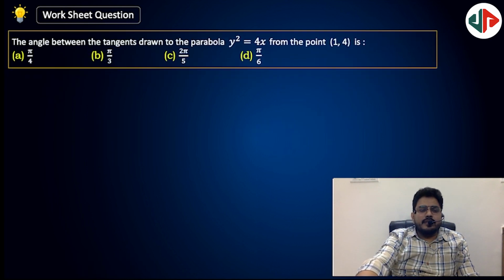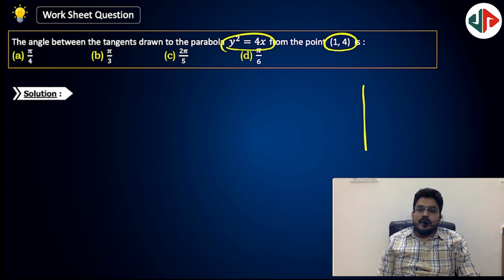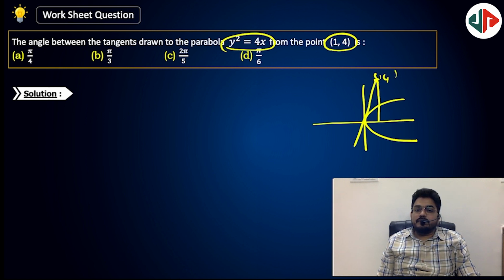Next one: the angle between the tangents drawn to y square equals 4x from the point 1 comma 4. Tangents are drawn from the point 1 comma 4, somewhere here outside the parabola.